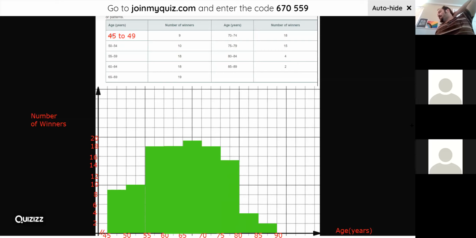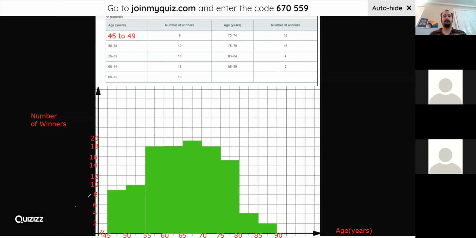Okay, what do we want to notice about this? What are they trying to get you to notice? Let's do this in pink. It varies a lot by age. Yeah. Do you notice anything about the shape of this graph?